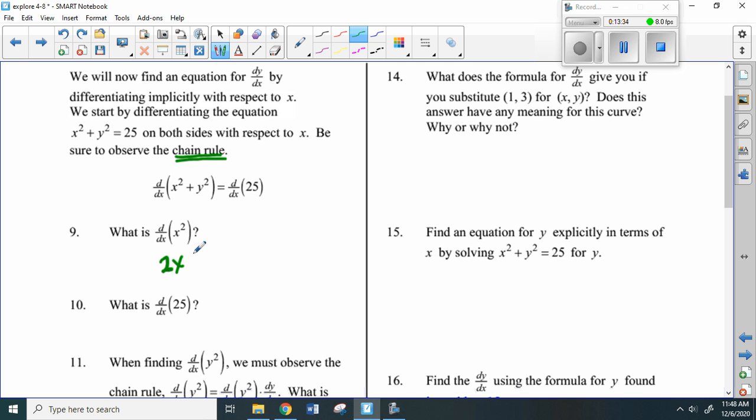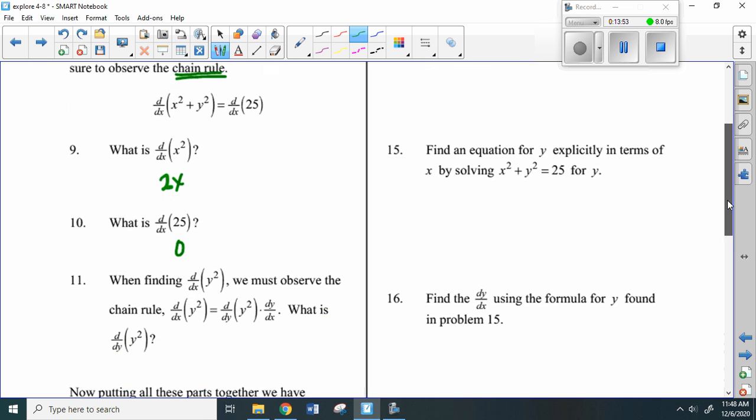When you're taking the derivative with respect to x and the variable is x, you just take it like normal. Now, according to our exploration, we're skipping over to the derivative of 25. Well, that's just a constant, so we get 0.